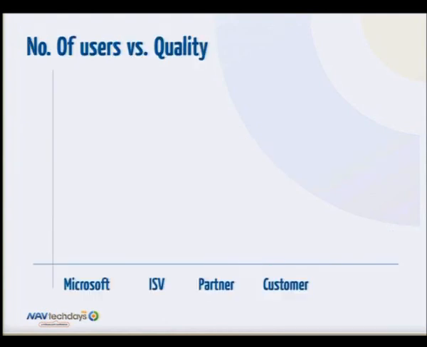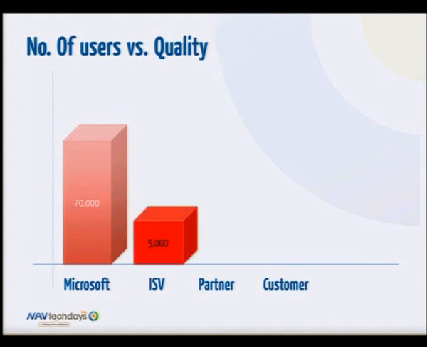We talked about the four different types of companies who are developing in Dynamics NAV. And this is an old number, but Microsoft delivers a W1 database which is used in 70,000 installations. If you're an ISV, you might have 5,000 installations.